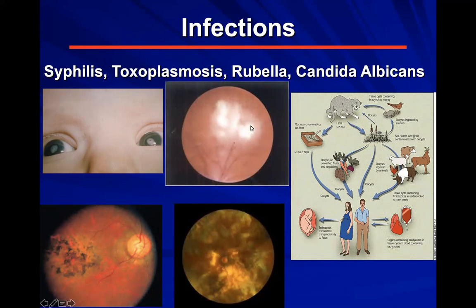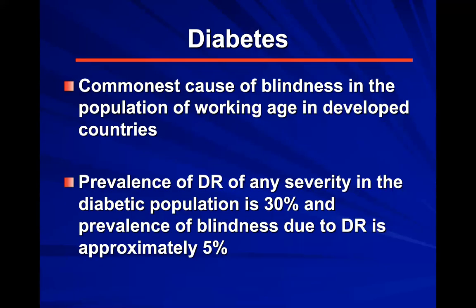Your Candida albicans will cause all these white pearls. So technically, these diseases will cause decrease in the vision simply because these systemic diseases do affect the eye.